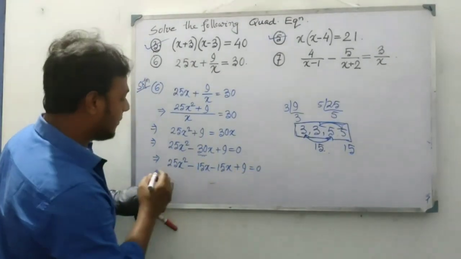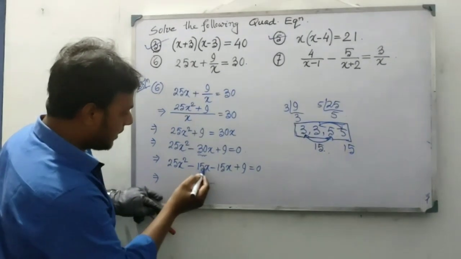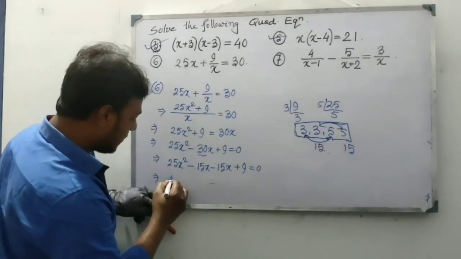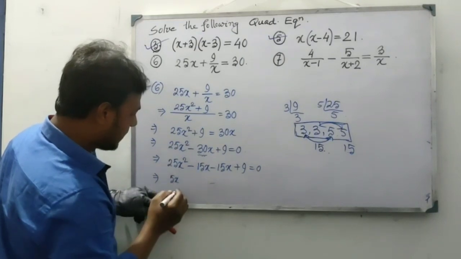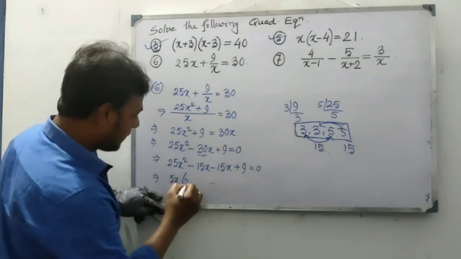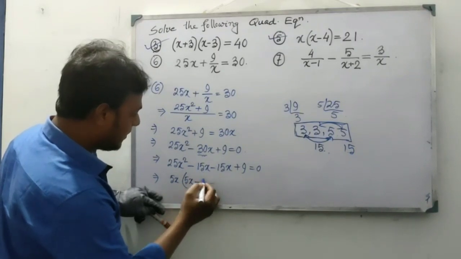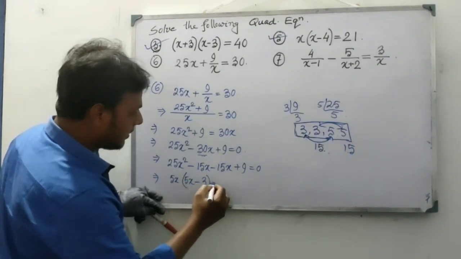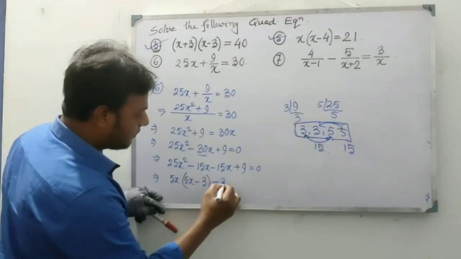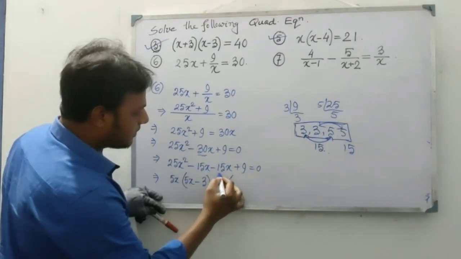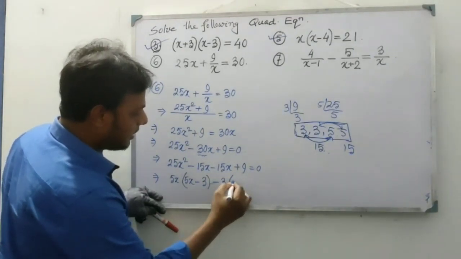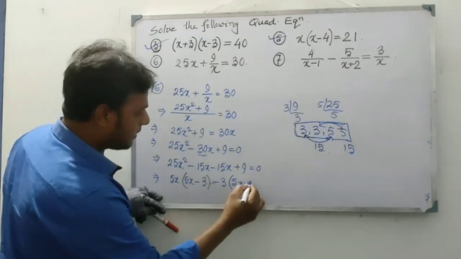Now take common from first two terms. First two terms, x must will come common and 5 will come common. Then 5x ultimately. So it is 5x minus from this term, then it will be 3. If you take common 3 from here, from second last two terms, then it will be 5x minus 3.